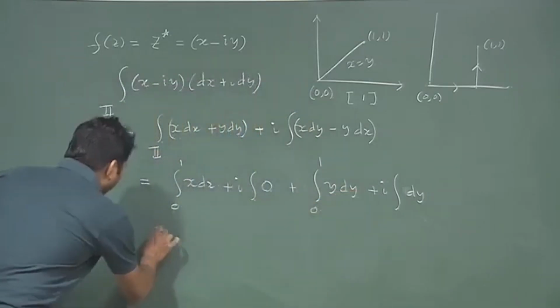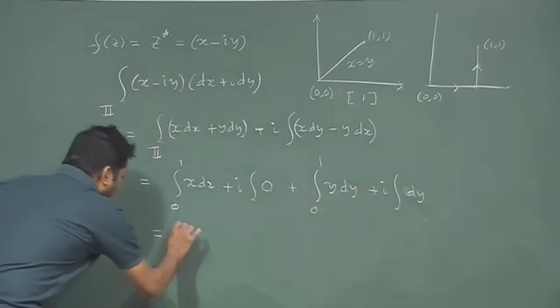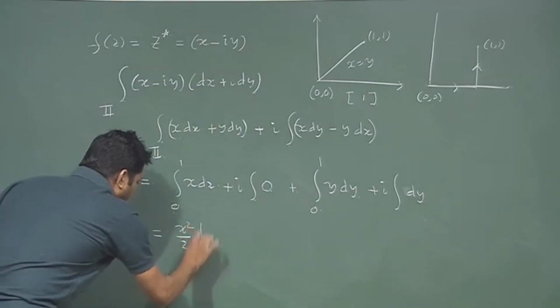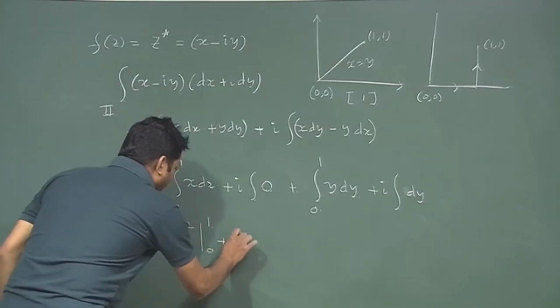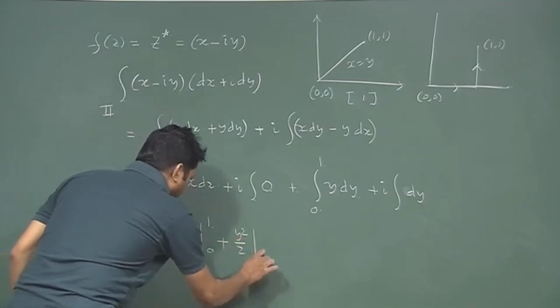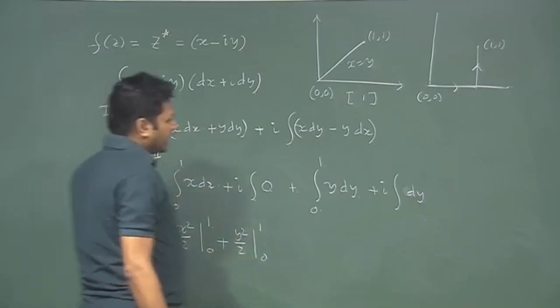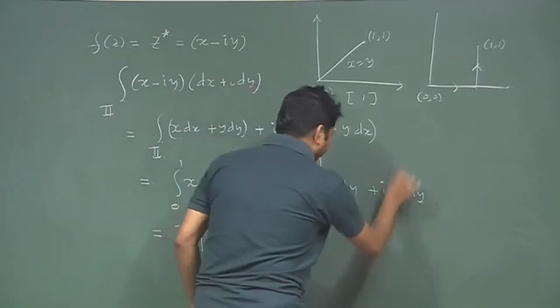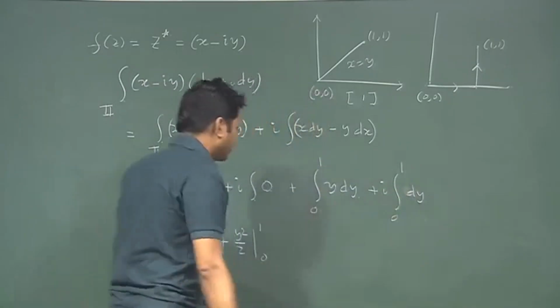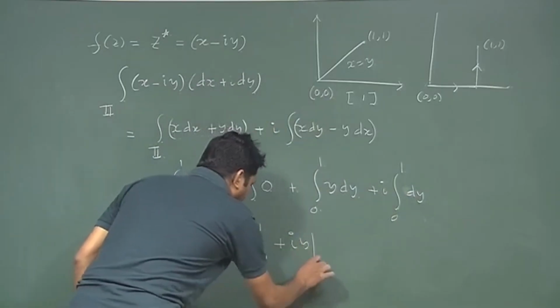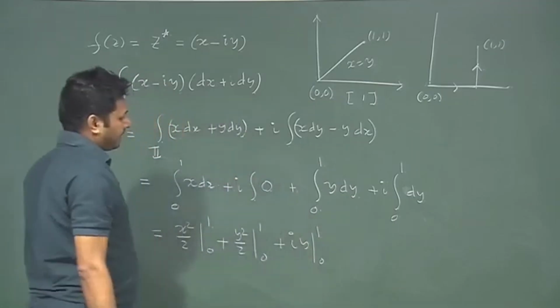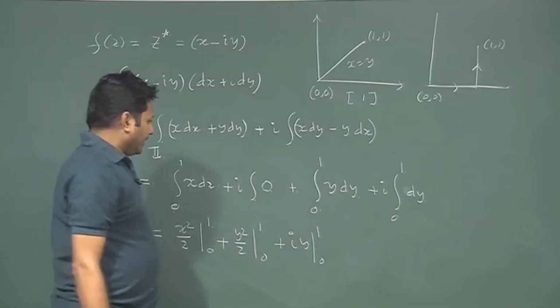So, here I have x square by 2, 0 to 1, this is 0, plus y square by 2, 0 to 1, plus something here which is interesting, plus i y, 0 to 1. Let me check once again.